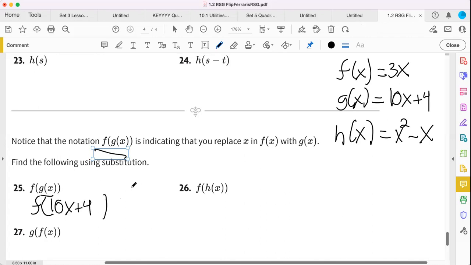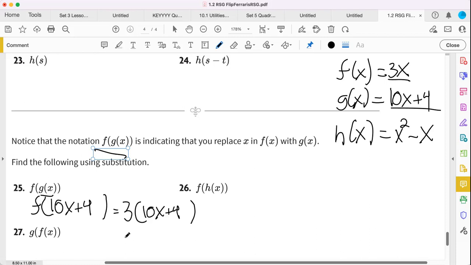And so this doesn't mean that we're done. We really just took what g of x was and just substituted in something else. So now we have to take this a step further because we're evaluating f, where the input is 10x plus 4. So what does that look like? Recall that f of x is 3x. So instead of x, we're now putting in 10x plus 4.